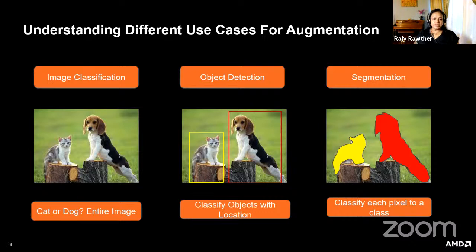So in this example, is this a cat or a dog? Whereas in object detection, you classify the objects in the image with corresponding bounding boxes. Here the cat and the dog are classified with boxes around them. And in segmentation, each pixel in an image is classified into a class. So every pixel in the image is associated with a particular class.